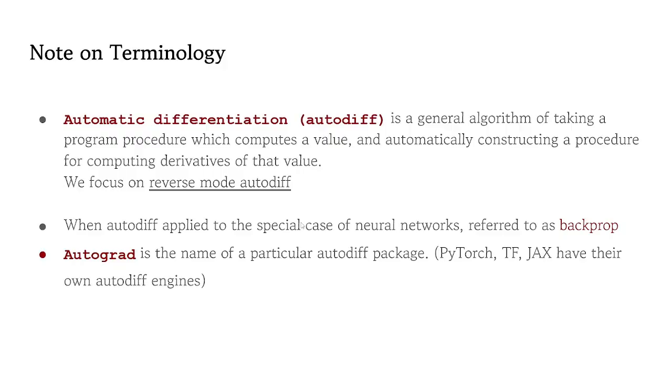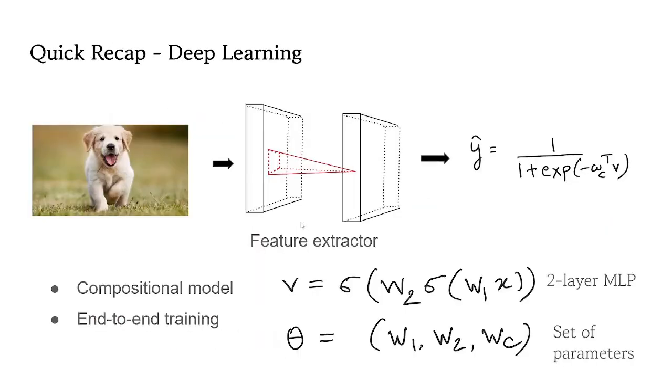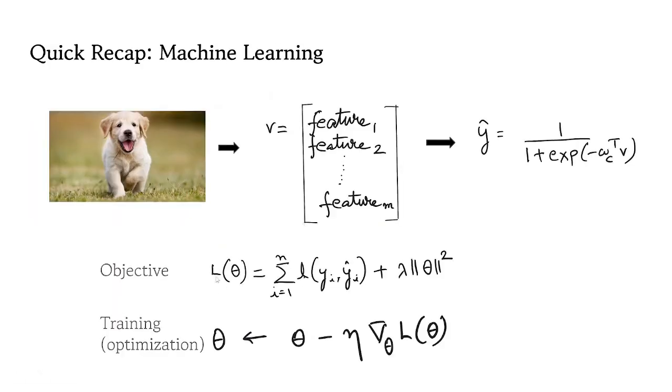In the special case of neural networks, if I go back, L takes in a multidimensional vector as input. So let's flatten parameters in a huge vector. And the loss is a scalar.